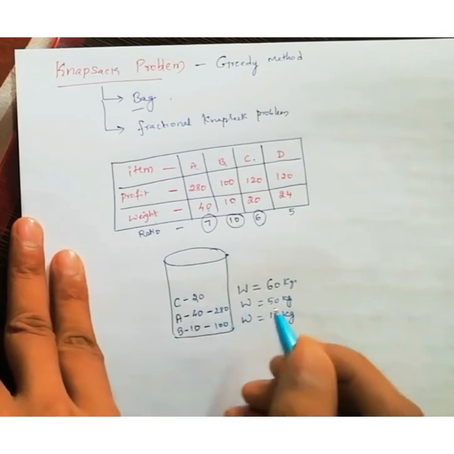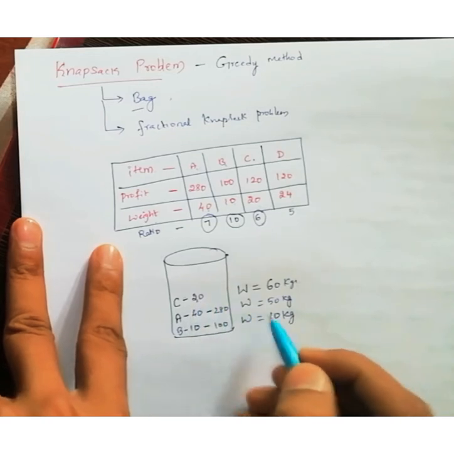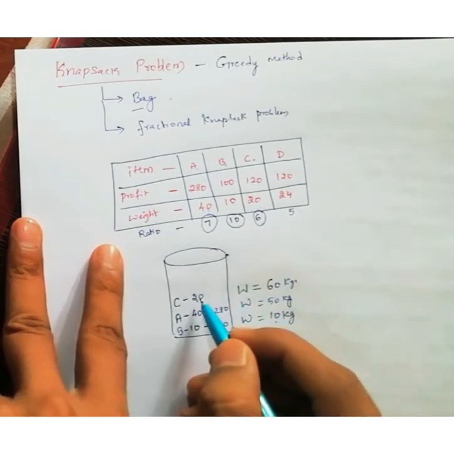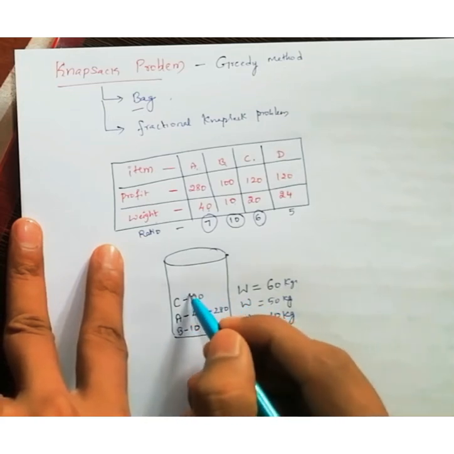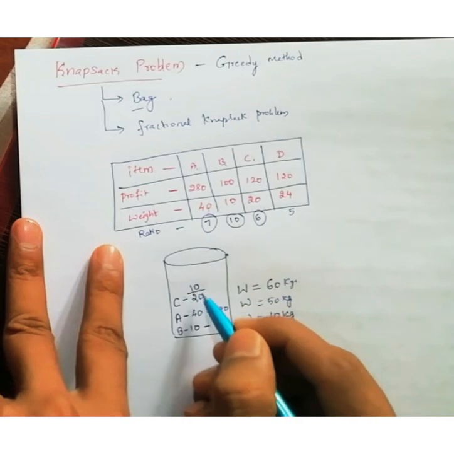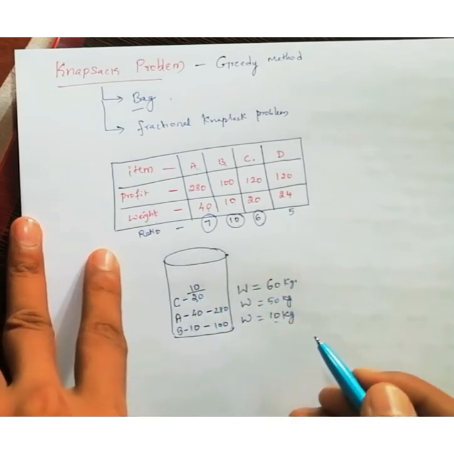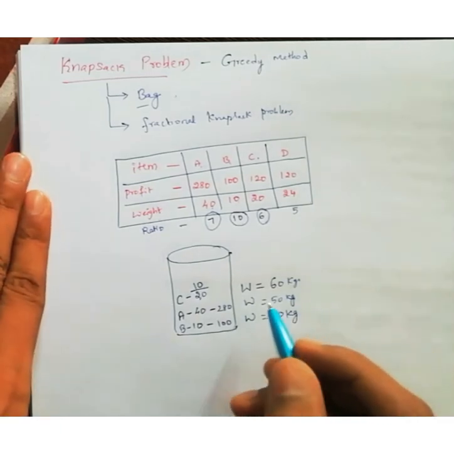So can you fit 20 kgs into a 10 kg capacity? No. But out of 20 kgs, how much can you fit? 10 kgs. That means 10 by 20 you can fit, which is 0.5.